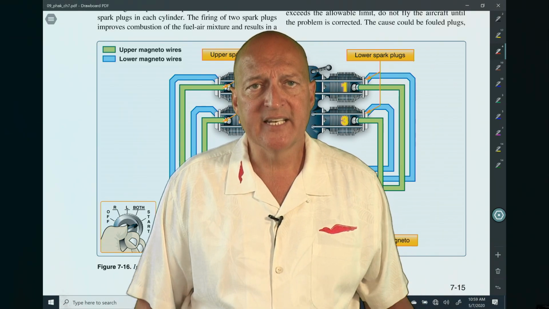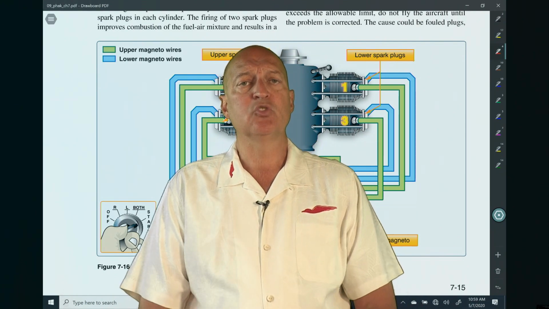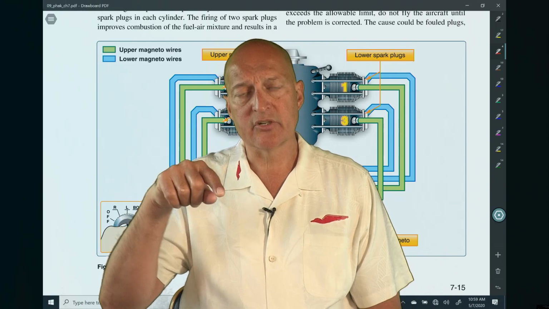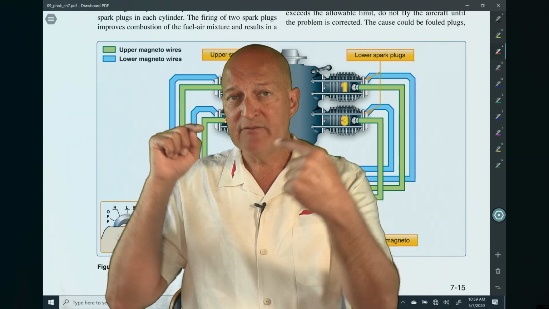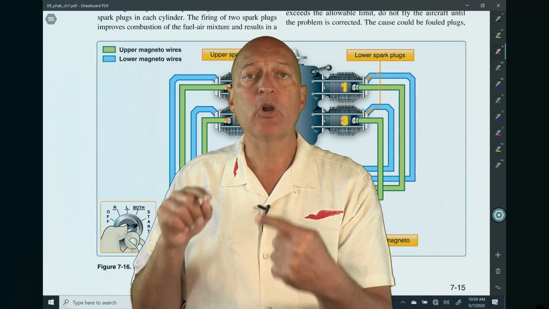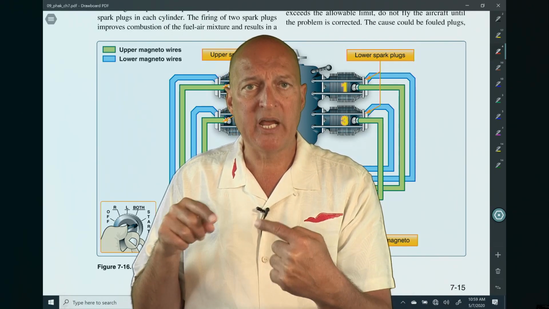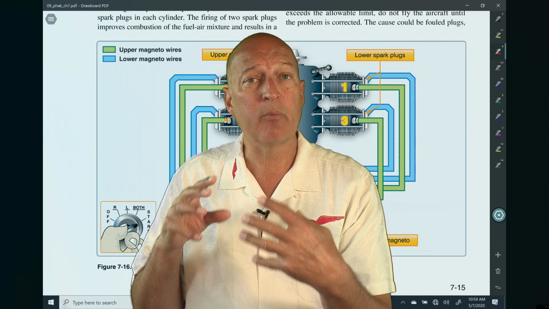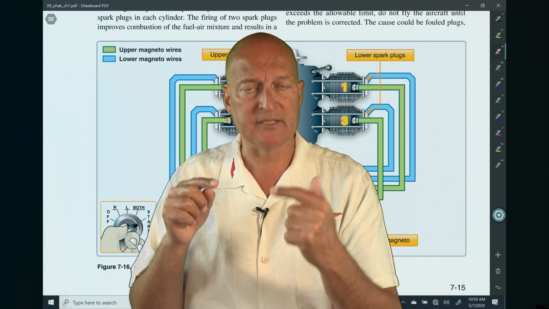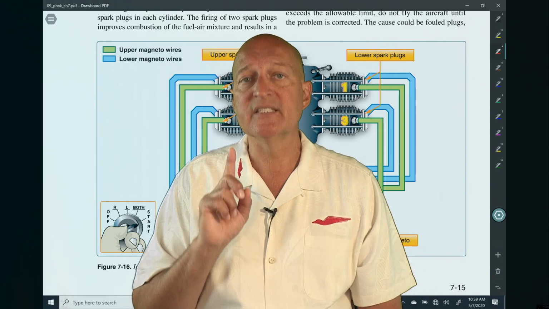One of the things that is a little different in an airplane as opposed to a car, in a car you basically have 1 spark plug per cylinder, but in an airplane you're going to have 2. One of the reasons that you have 2 is that you get more efficient burn of your fuel-air mixture, and therefore you get a little more power associated with that. So you get more performance with 2 spark plugs. But the other thing that you get is safety.